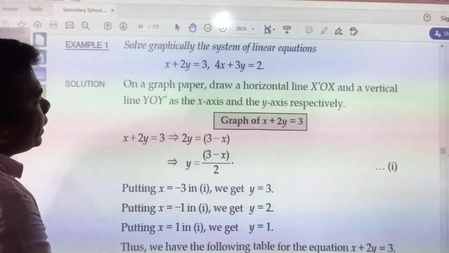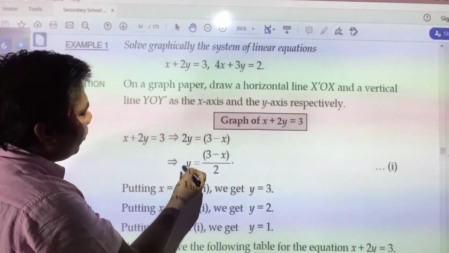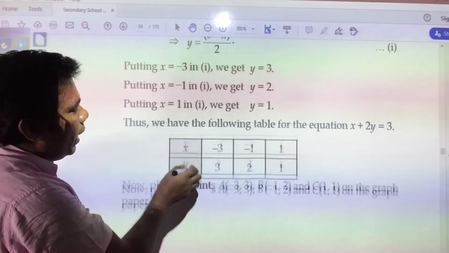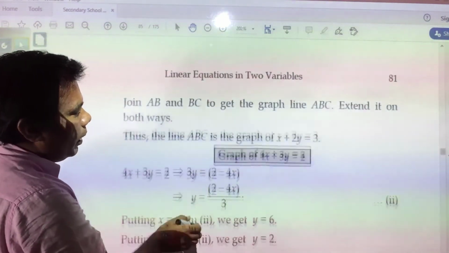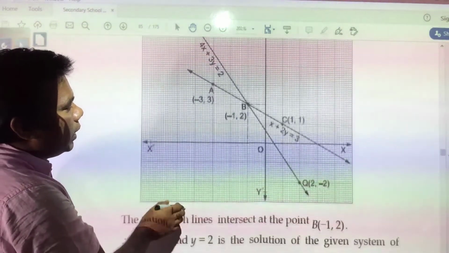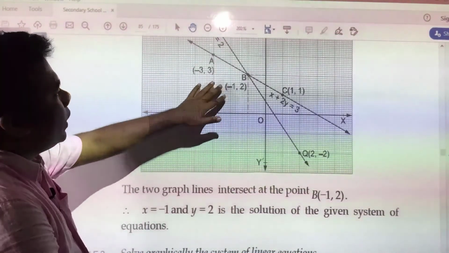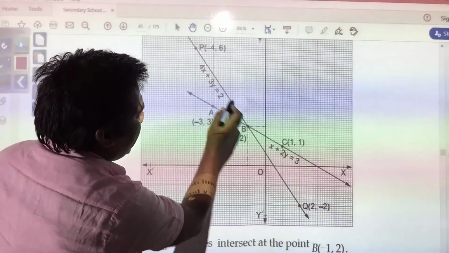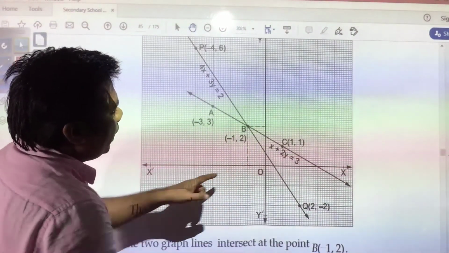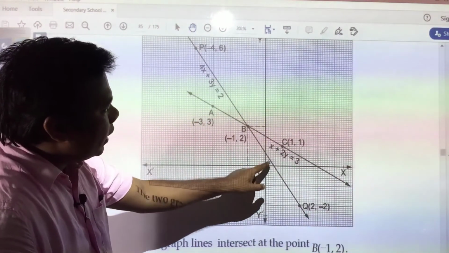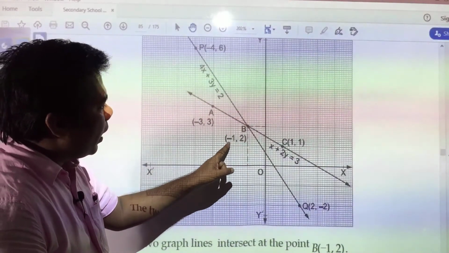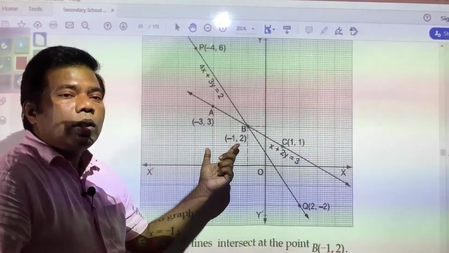Already we had seen how to plot a graph. We need to find y by assuming x, and tables need to be made. In this way last day we saw many questions plotted. Here you see, in this case 2 lines are intersecting at point B, and the coordinates are -1 and 2. So, this is your unique solution.